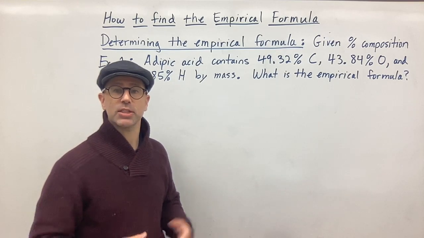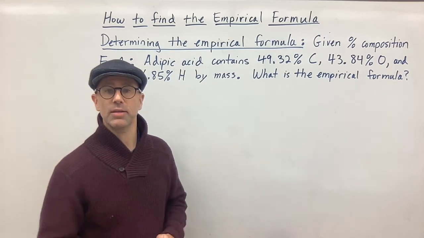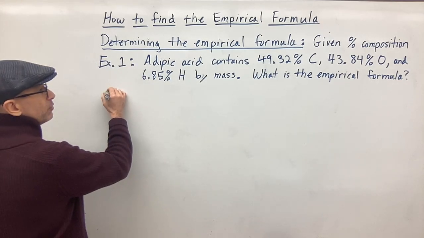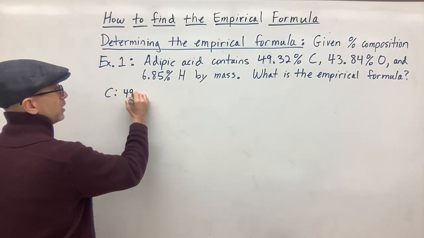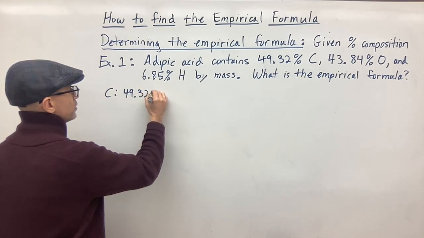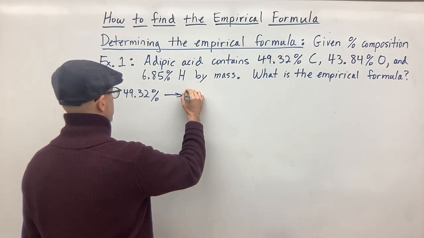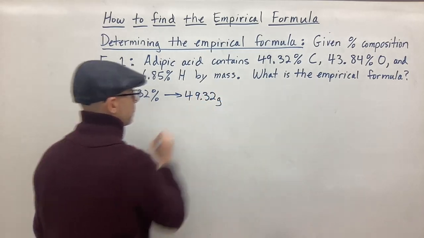So the first step is to convert the percentages to grams, because I'm assuming 100 grams. So first step, for carbon, they're giving me 49.32%. I'm just going to change that to 49.32 grams.